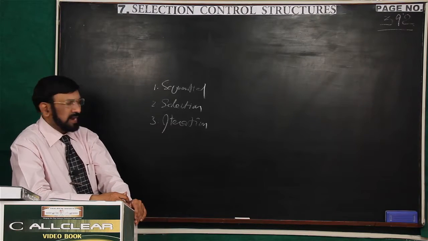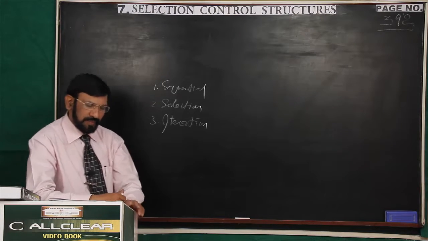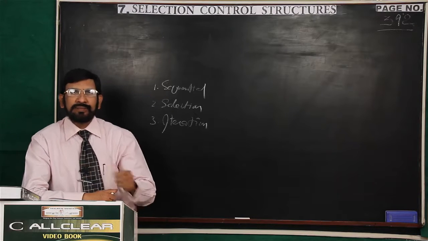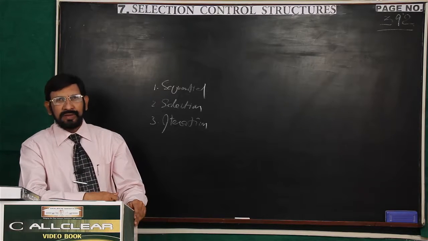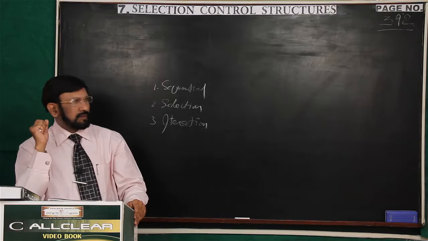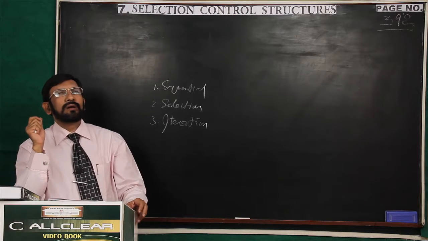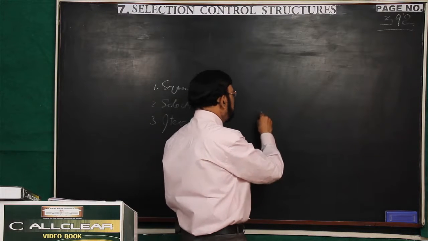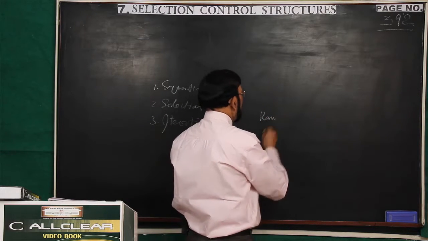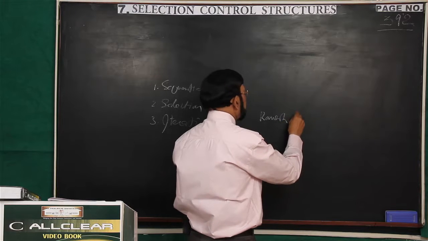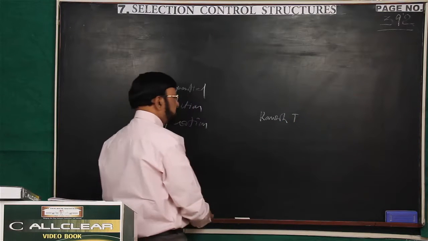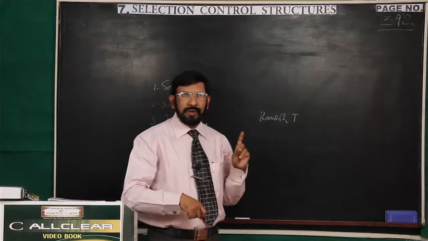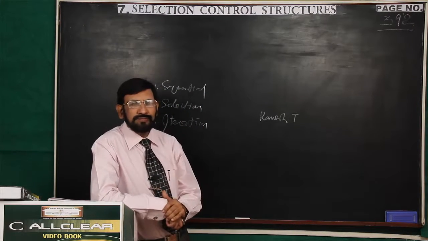And the second one, selection approach. If you implement all the jobs sequentially, it is not an efficient approach. Suppose, for example, you have to find out the telephone number of Ramesh T. Then you take the telephone directory. Will you follow the sequential approach?